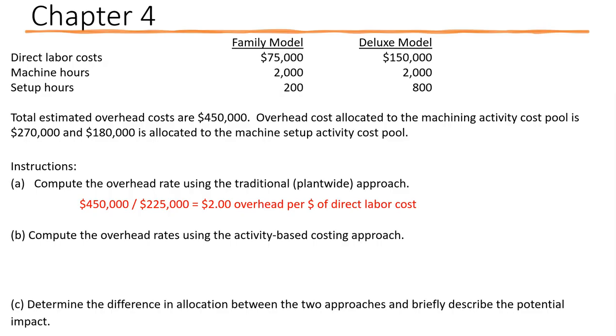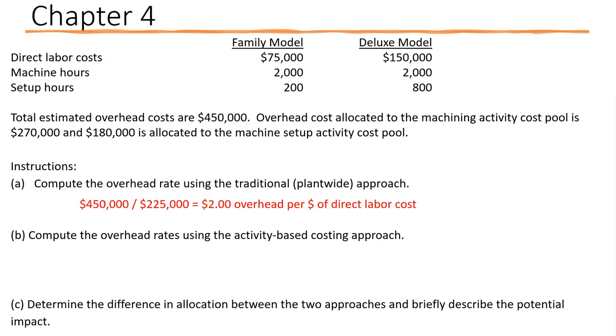Now if we use activity-based costing, it's the same concept, dividing overhead costs by a driver, but hopefully we're getting more finite with our data and choosing a driver that more correlates with what is driving the costs. So the two cost pools that we have are machining and setup. For machining, it's $270,000.